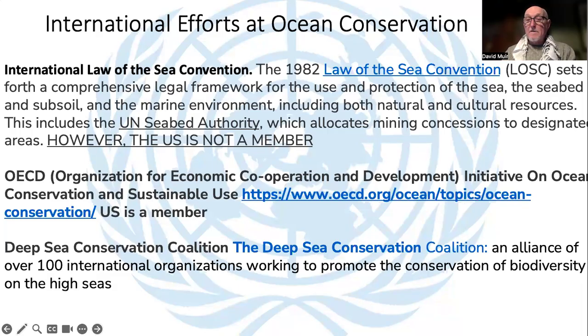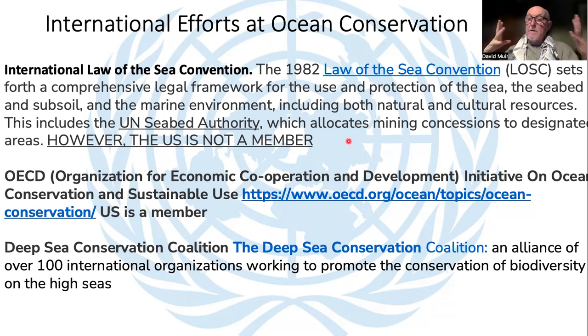Okay, so there are efforts being made to govern the oceans, but I'll mention a couple of problems associated with them. First of all, there is an international Law of the Sea Convention, or the LOSC. The Law of the Sea Convention sets up a really rigorous legal framework to govern how the seas are used. The first major thing about it is that it sets up an exclusive economic zone, that is, an area away from the coast where only the adjacent country can actually use that area.